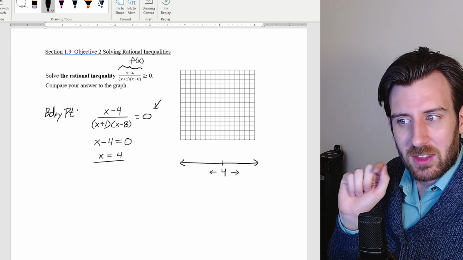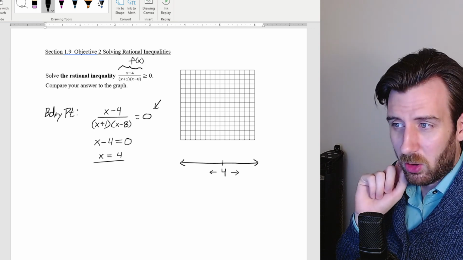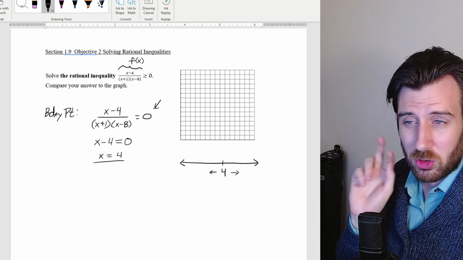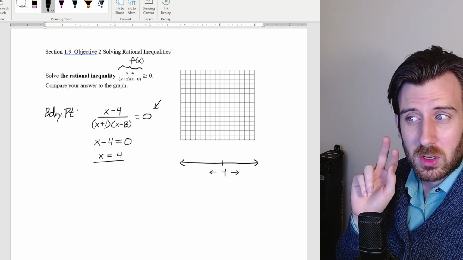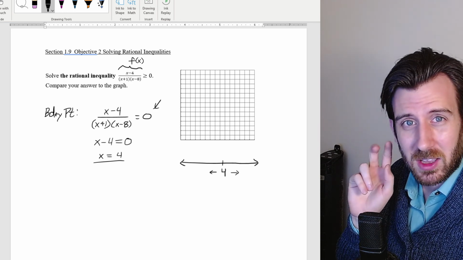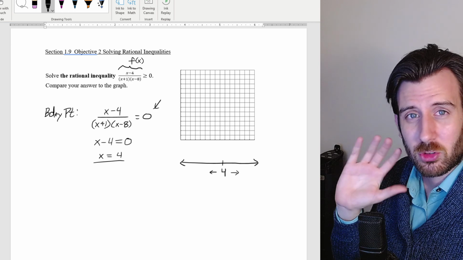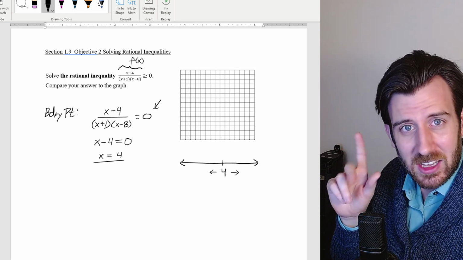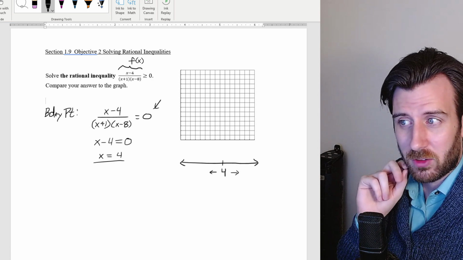But this only asks about what happened at the boundary point. I'm also noticing here that if the denominator ever switches from positive to negative, then that's going to be a change from me dividing by a positive number to dividing by a negative number. And that has the possibility to switch the entire structure, the entire negative positive result of this fraction.